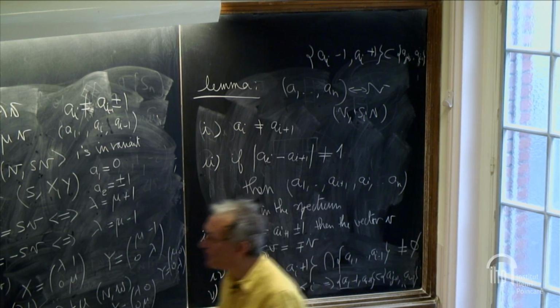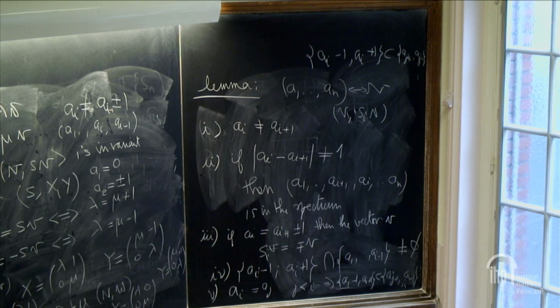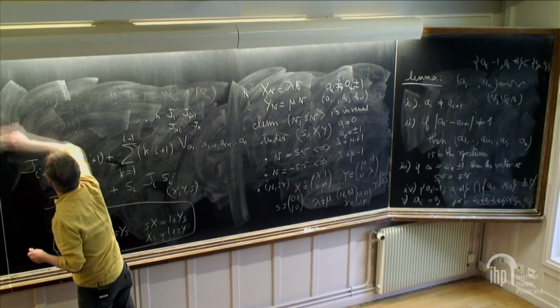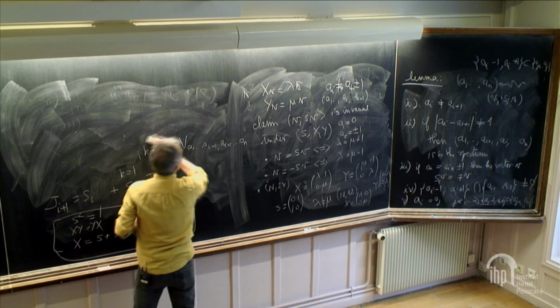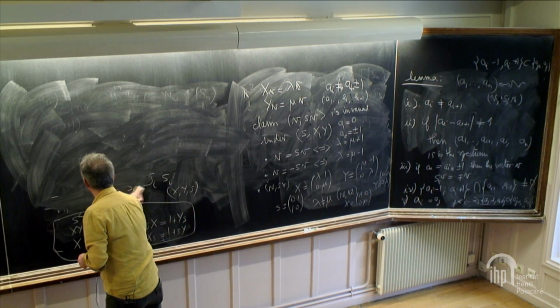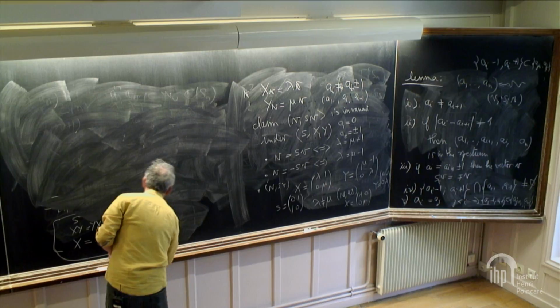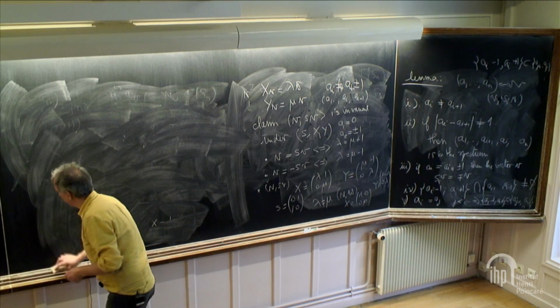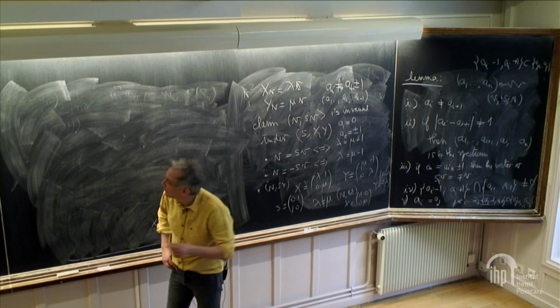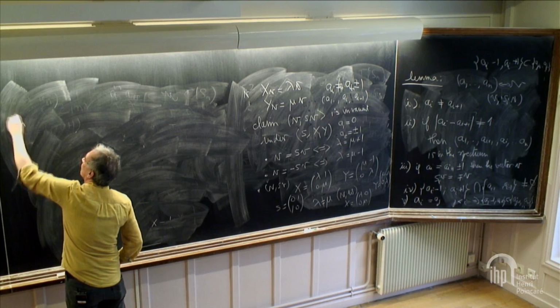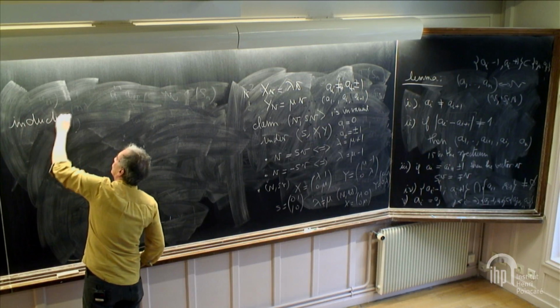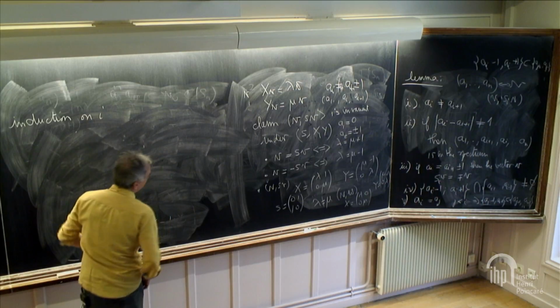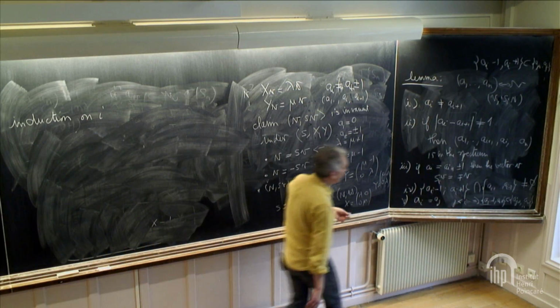Then it's a bit more tricky, so I leave it as an exercise. Basically, you have to prove it by induction, but there is a trick. So induction on i, and certainly you can move everything.